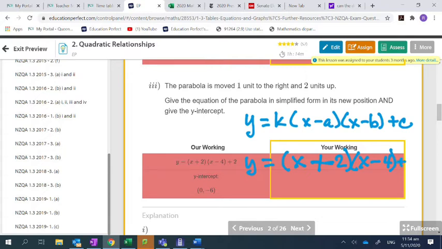Plus, okay, did we move it up some? How much? Okay. Now we can simplify that by multiplying those out. x squared minus 4x plus 2x plus 8 plus 2.